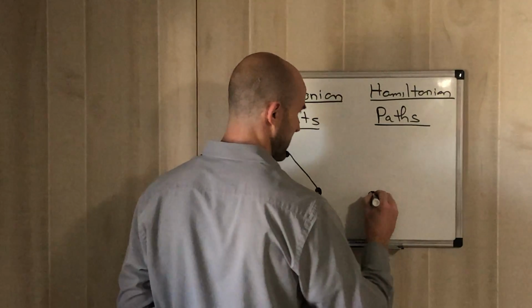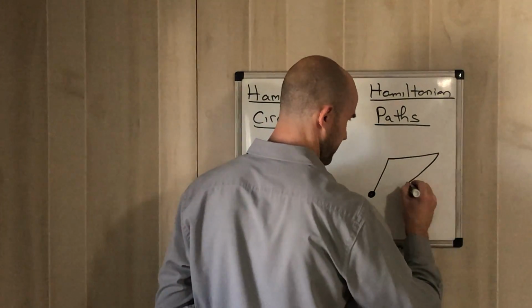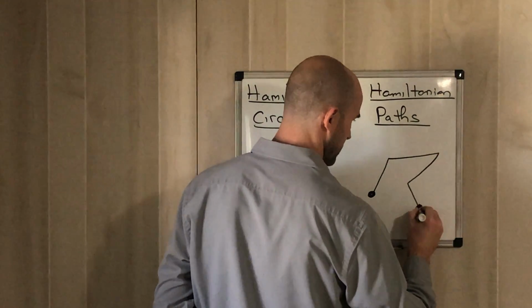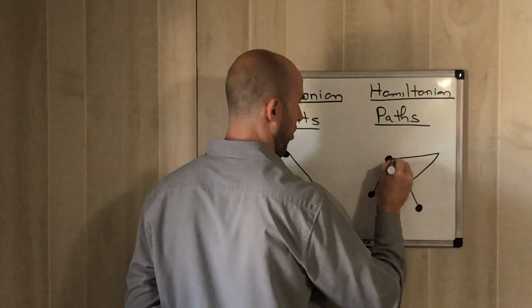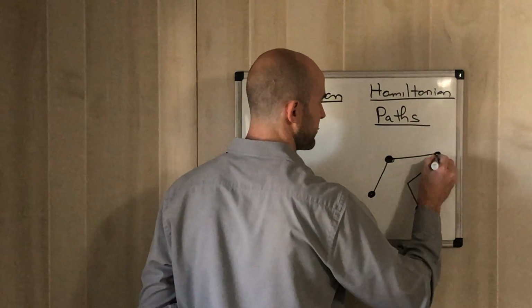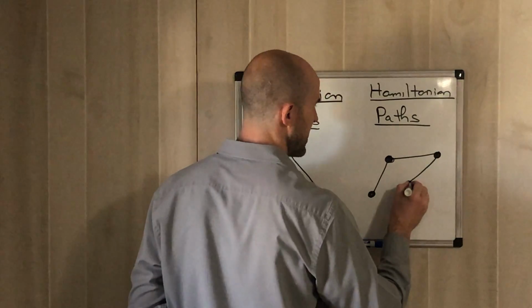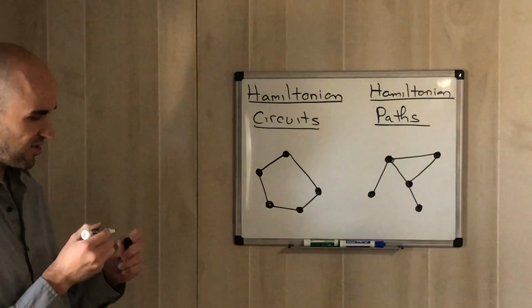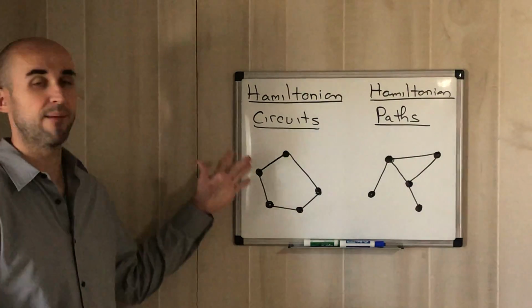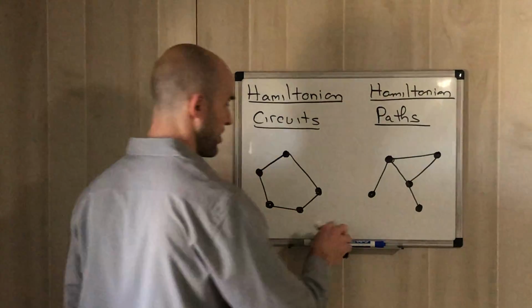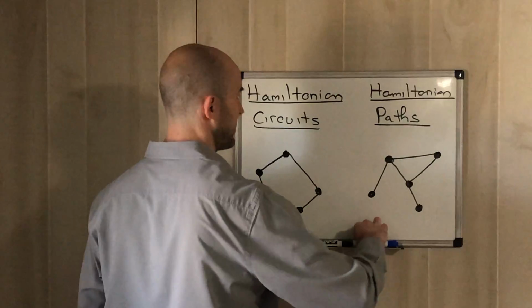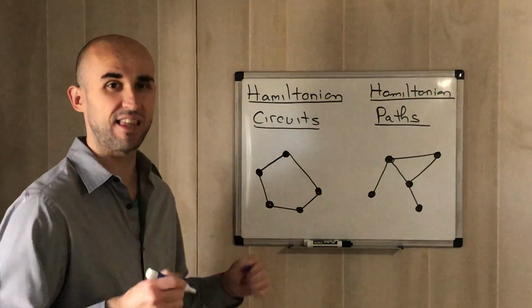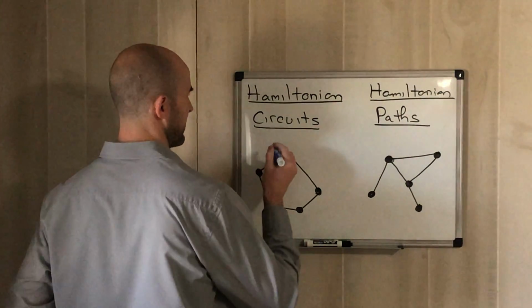So if we have this, it would just be a case of a Hamiltonian path or Hamiltonian circuit. Because when it comes to a Hamiltonian path and a Hamiltonian circuit, Hamiltonian just tells us that you're using the vertices, I'm sorry, not the edges.